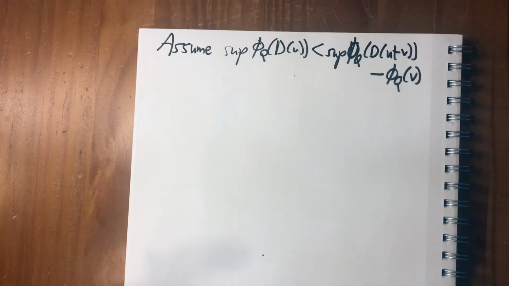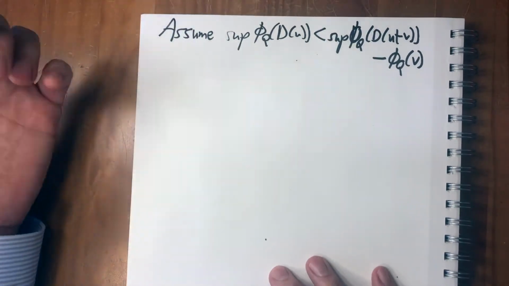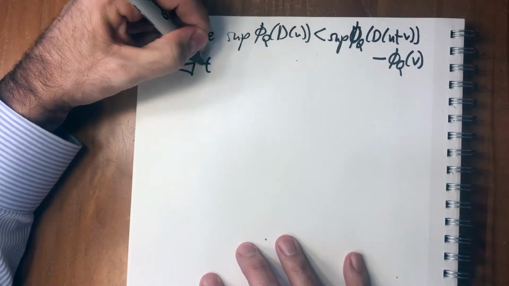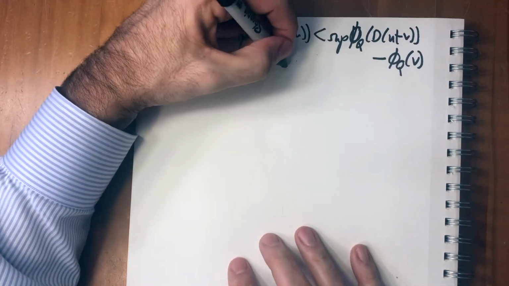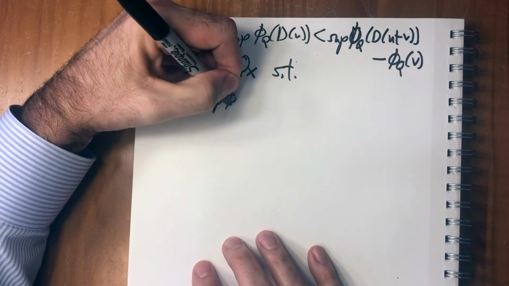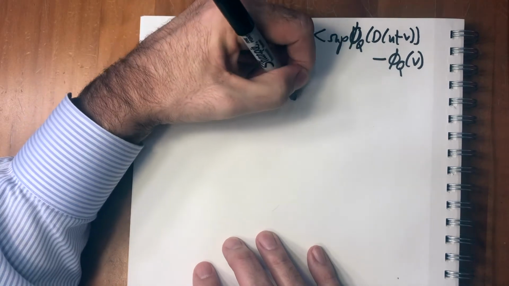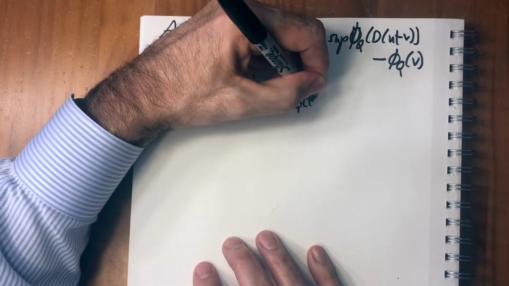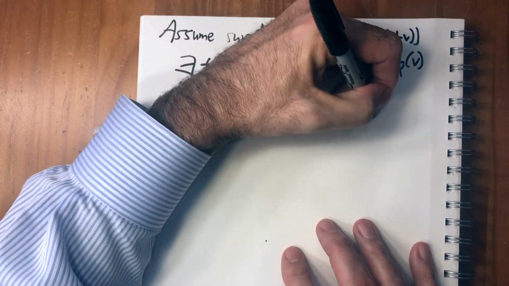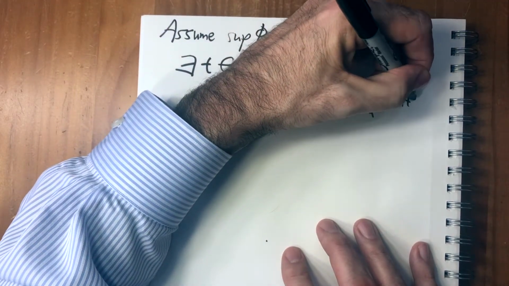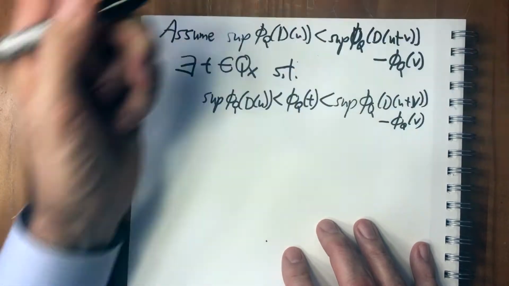So if that's the case, when we have an inequality like this, what do we do? We always insert a rational number in between. So there exists a t element of the rationals in x such that the supremum of phi q of du is less than phi q of t is less than supremum phi q du plus v minus phi q v, right?